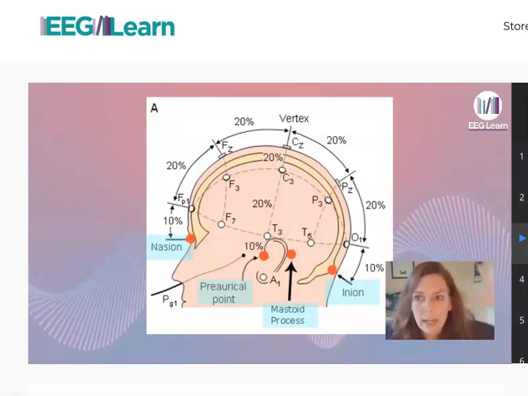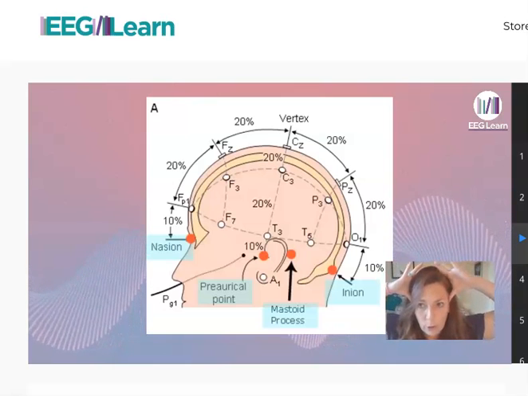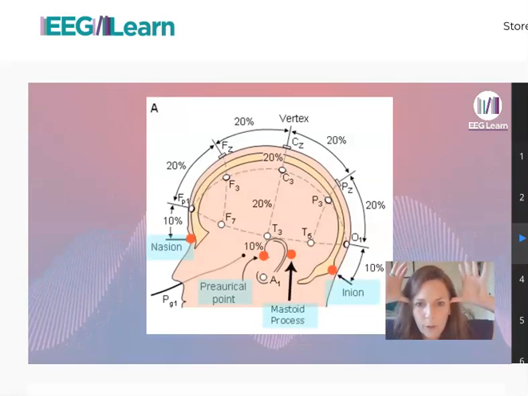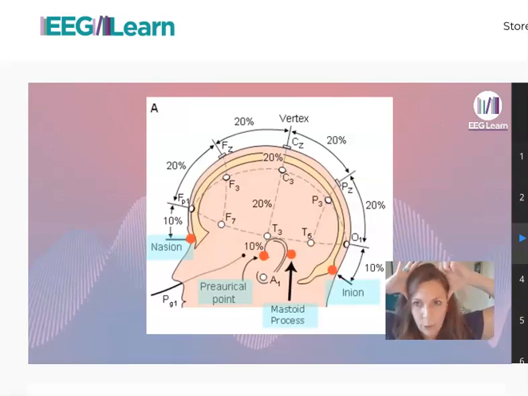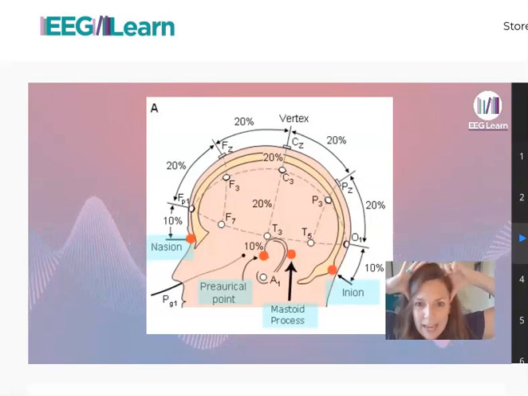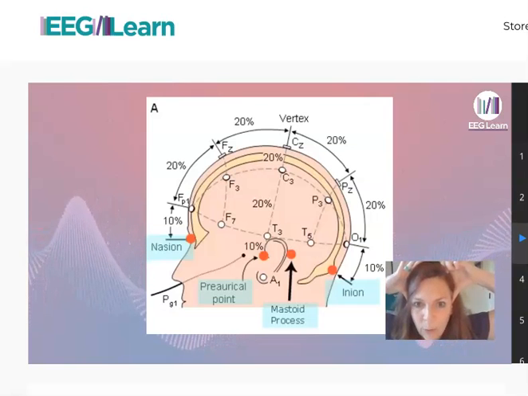Okay, so what we want to do is use our fingers. You can put your thumbs on the preauricular point. You put your index fingers on top, on the uppermost part of the head in line with those preauricular points.